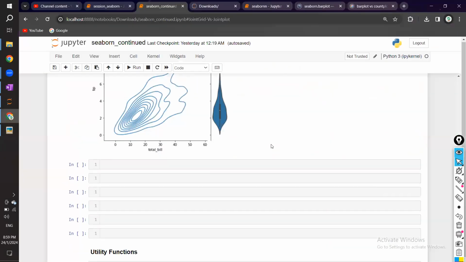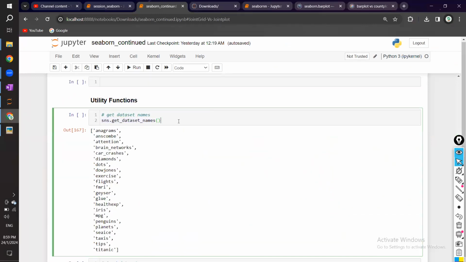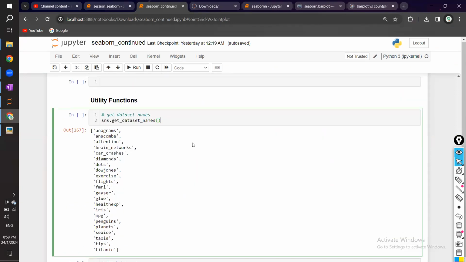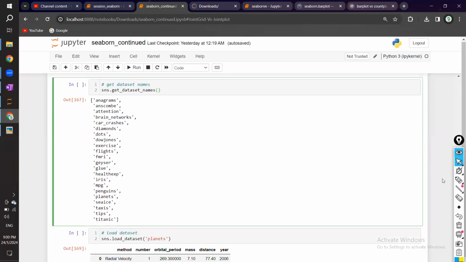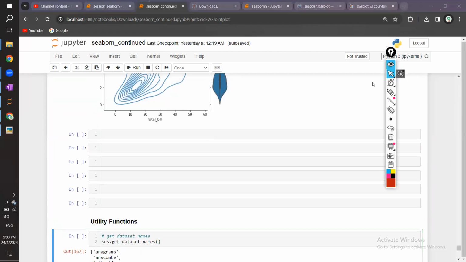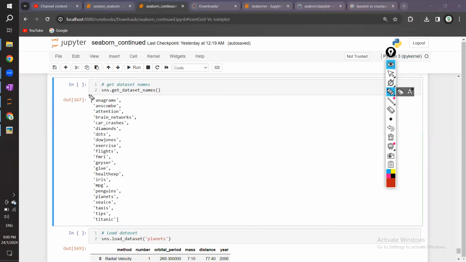Just to add, there are a few interesting things about Seaborn. The datasets which we have used, tips, Iris, Titanic, etc., are some of the datasets which are present by default in sns. If you don't want to use the same datasets which I have used, if you are bored with that, it's also very interesting to explore a new dataset.